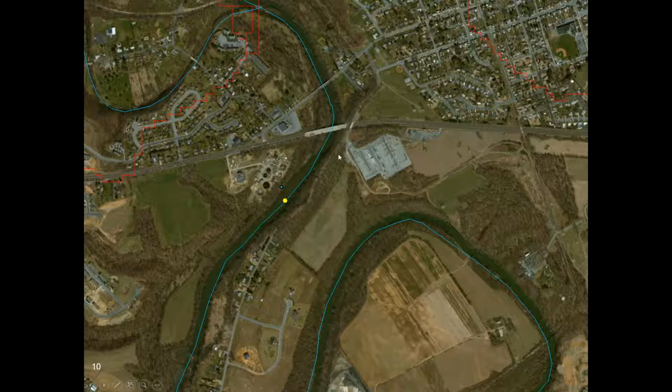We took imagery, overlaid the network data with the lines, and the red lines are the catchment boundaries, and found the facilities and made sure they were located on the correct stream and the correct catchment. This one is pretty straightforward, but we found many that were largely incorrect in location.